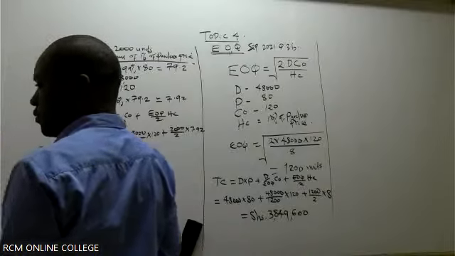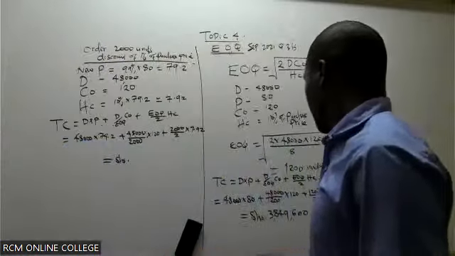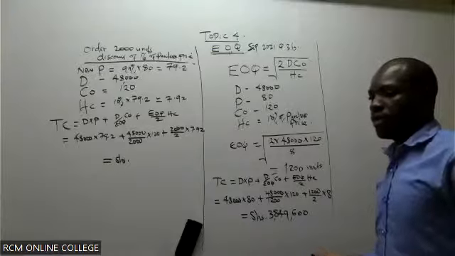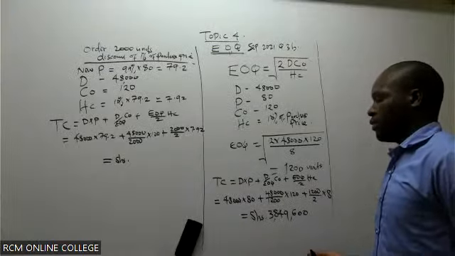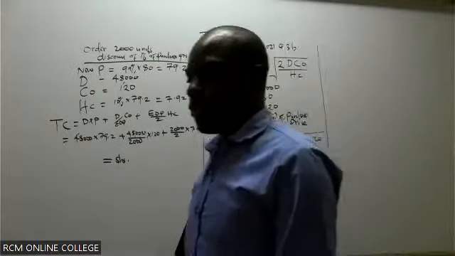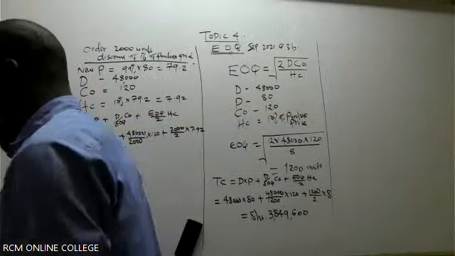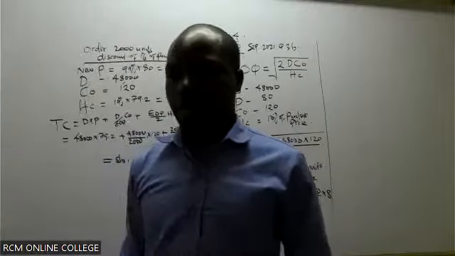Oh, so that's not true. 3,848, 3,849. Let's see now. 3,804. Wow. People are getting different answers. So I have to intervene and then check.